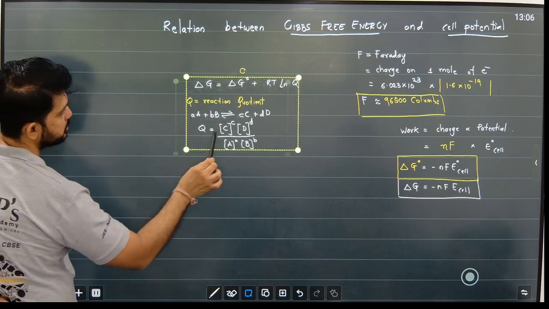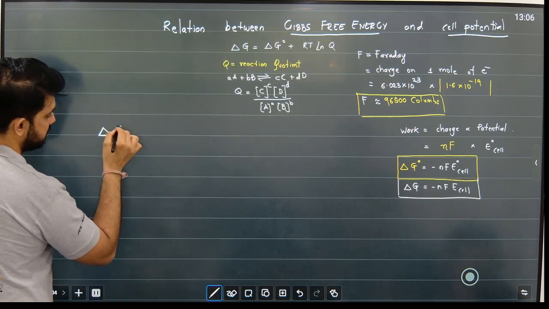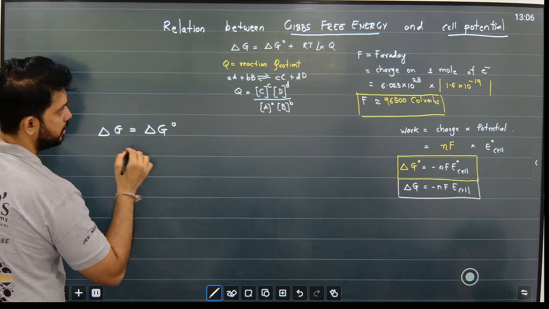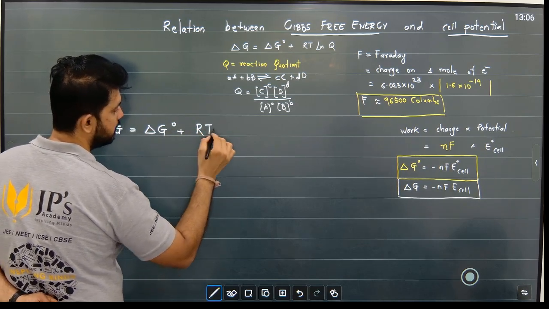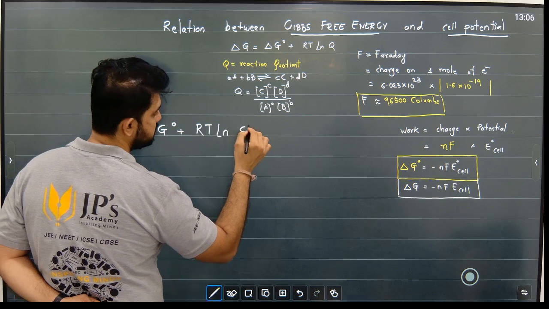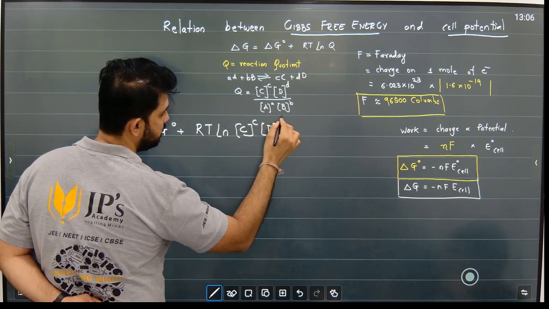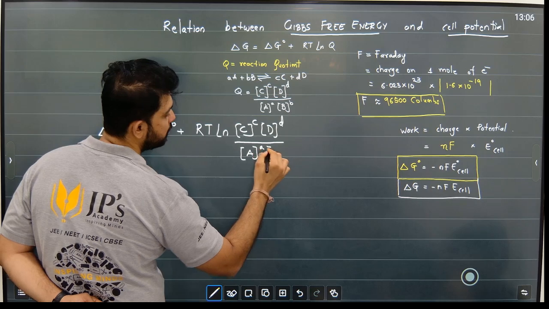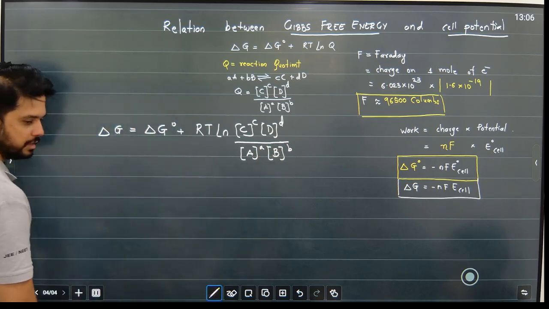So I can write the same expression over here. So delta G is equal to delta G naught plus RT ln of C raised to c into D raised to d upon A raised to a into B raised to b. Anyone who doesn't get that?